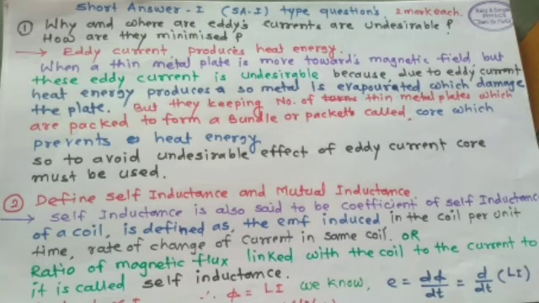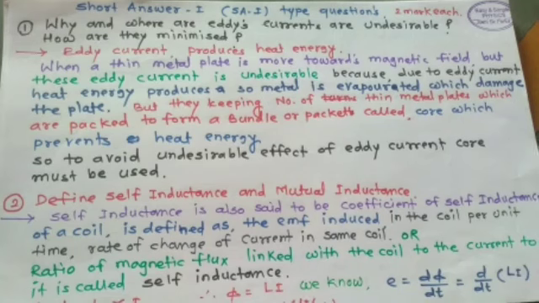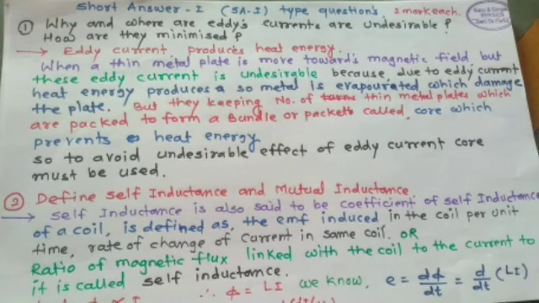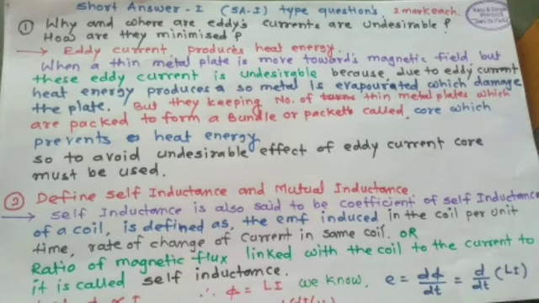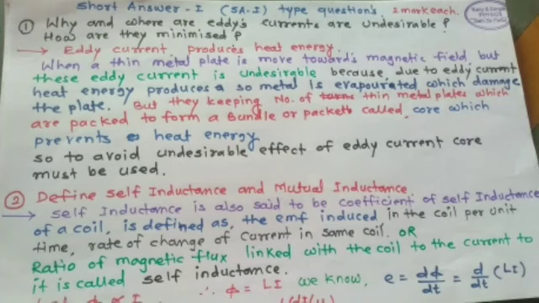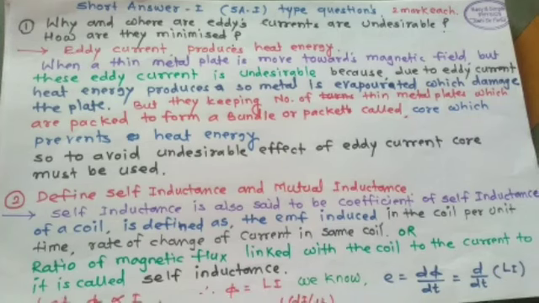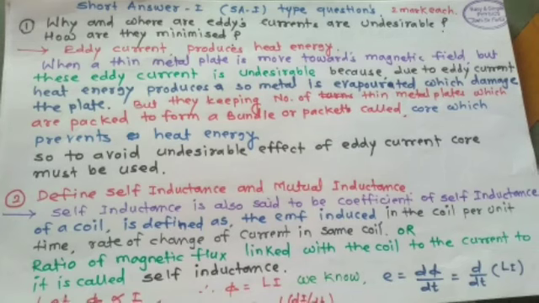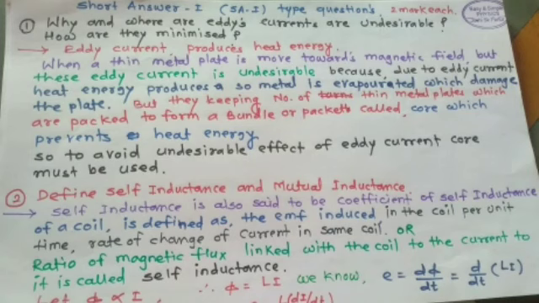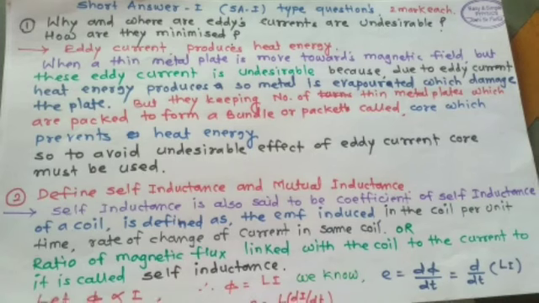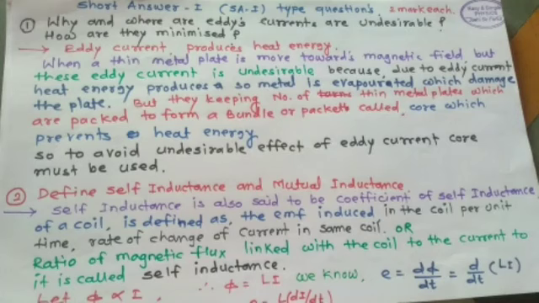But by keeping a number of thin metal plates packed to form a bundle or packet called a core, the heat energy is prevented. To avoid the undesirable effect of eddy current, a core must be used. So this will be the answer for the given question.